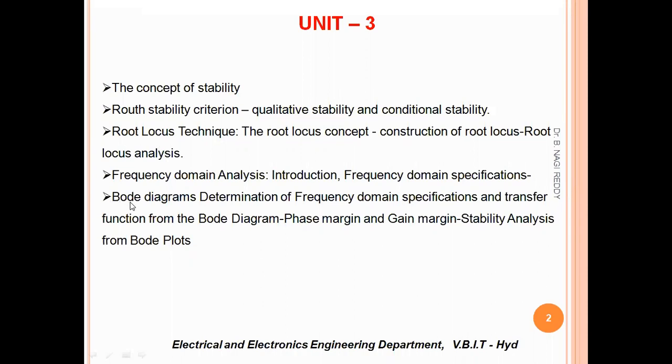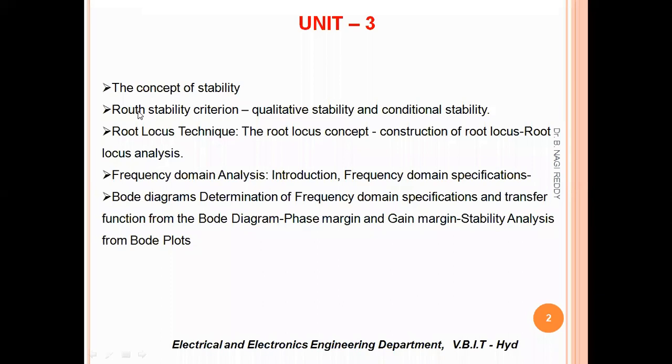But coming to the Bode diagrams, we'll calculate the gain margin and phase margin, and then we will determine the stability of the system in the frequency domain. So with the help of the frequency plot, we will do the stability analysis using Bode plots. So this is the second part of the third unit. Most importantly, we need to determine the stability.